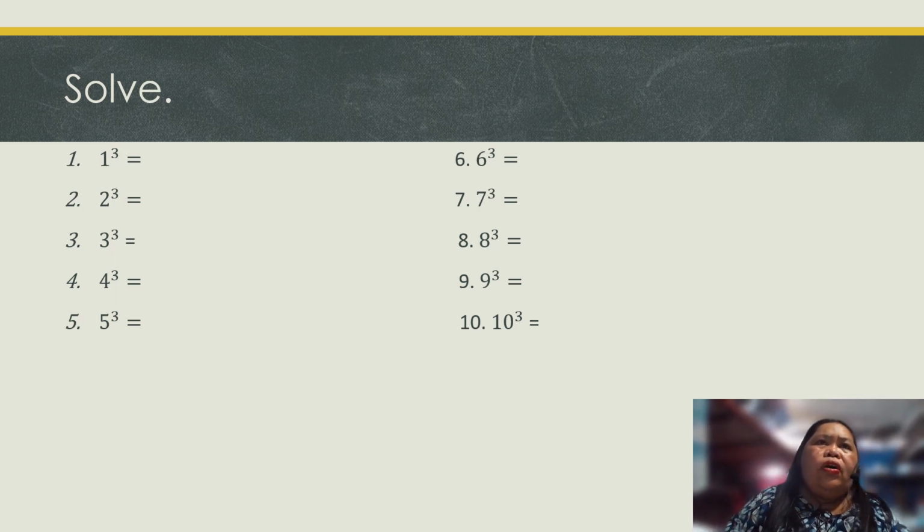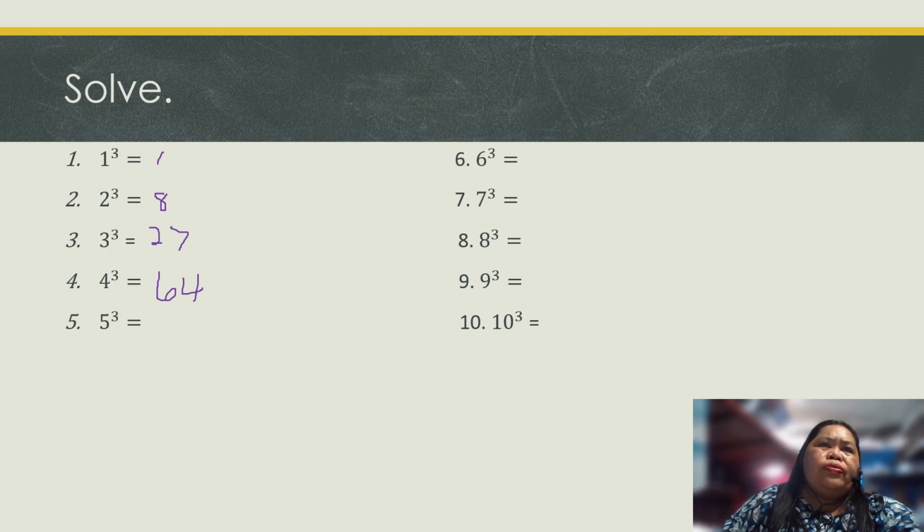Since 1, 2, and 3 are easy for you, I think, we'll just go on. So this is 1, 8, 27, 64, because 4 times 4 is 16, times 4 is 64.